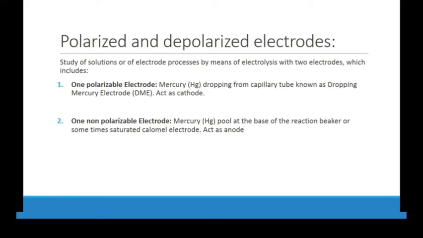Only the mercury drop is the place where the reaction takes place because of the electric potential. So keep in mind that in polarography we have two electrodes, one polarizable and one non-polarizable, and both are mercury. The one you use as the cathode is mercury dropping from a capillary, known as the dropping mercury electrode.